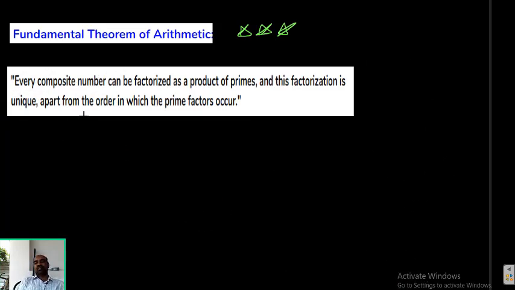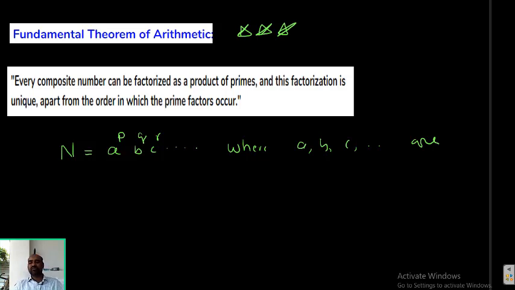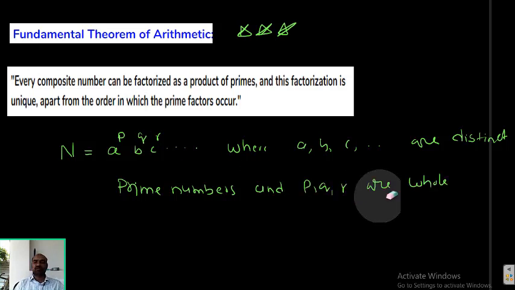So the fundamental theorem of arithmetic is saying that if n is a composite number, n can be written in the form a power p into b power q into c power r, and so on, where a, b, c and so on are distinct prime numbers, or different prime numbers, and p, q, r are natural numbers.